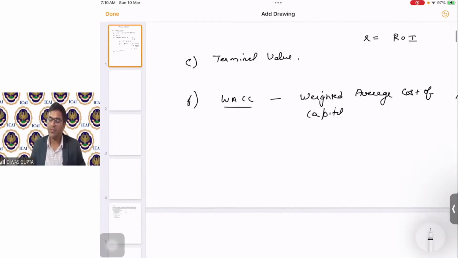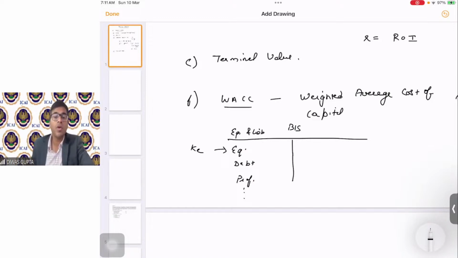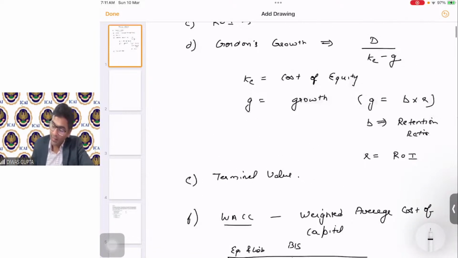So, weighted average cost of capital means whatever capital structure a company follows, for all the capital structures there is a cost involved, right? Let's say if you read a balance sheet, I'm just putting it in a T format, and here it is equities and liabilities. Here it is equity, here it is debt, here it is, let's say, preference shares, and so on. So equity shareholders will expect some return, or let's say there is a cost involved for equity, which is called KE, cost of equity, correct?